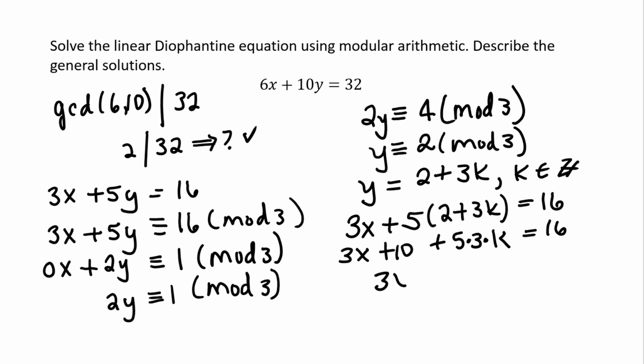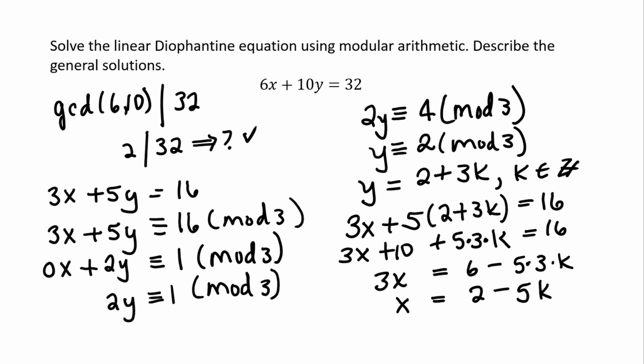Let's get the x by itself. So 3x is equal to 16 minus 10, which gives me 6, minus 5 times 3 times k. And then I will divide by 3 all the way through. So I get x is equal to 6 divided by 3 is 2, minus 5 times 3 divided by 3 is just 5k.